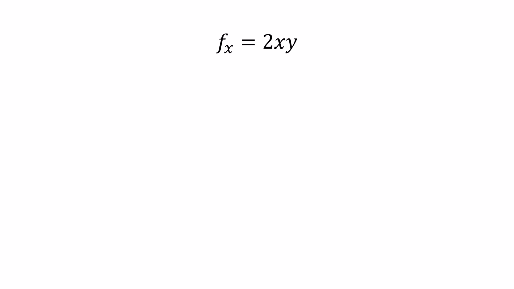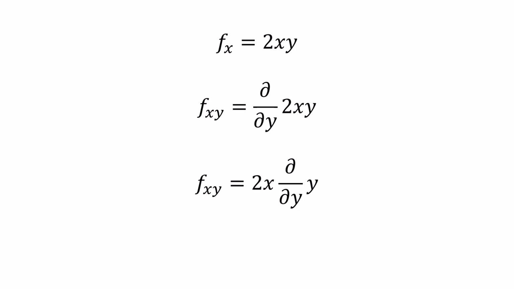Next, we take the partial derivative with respect to y to obtain f sub xy equals d by dy of 2xy. Applying the constant multiple then gives f sub xy equals 2x d by dy of y.